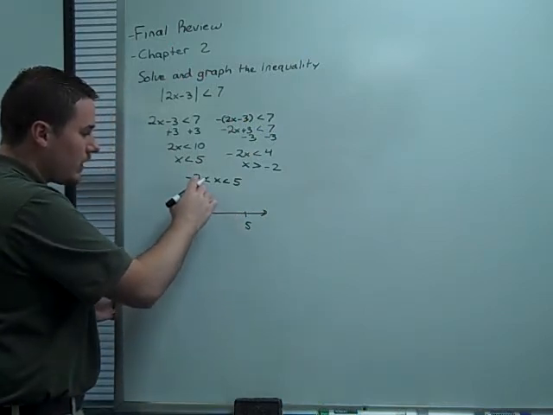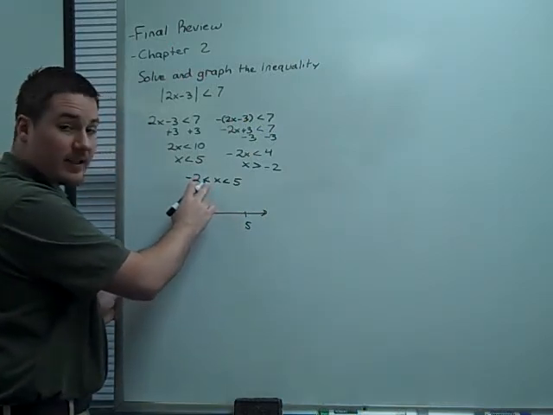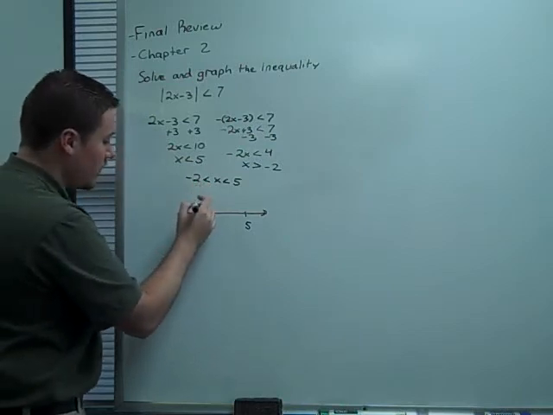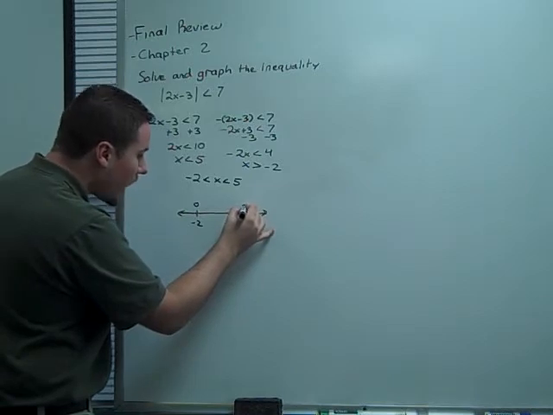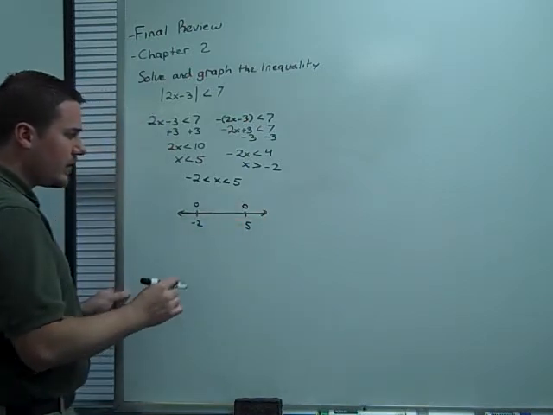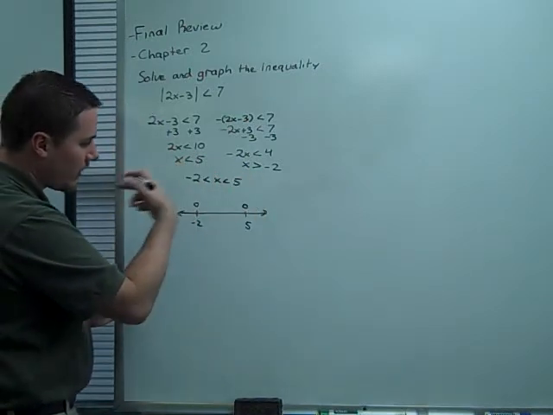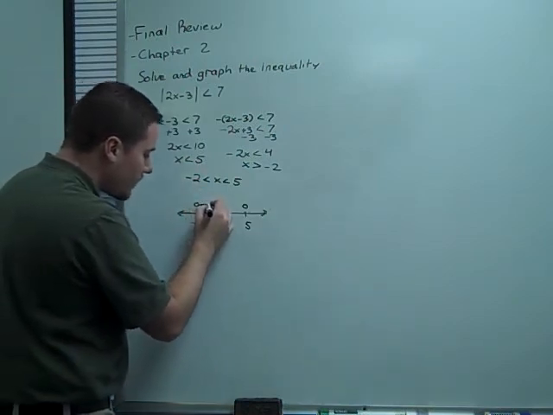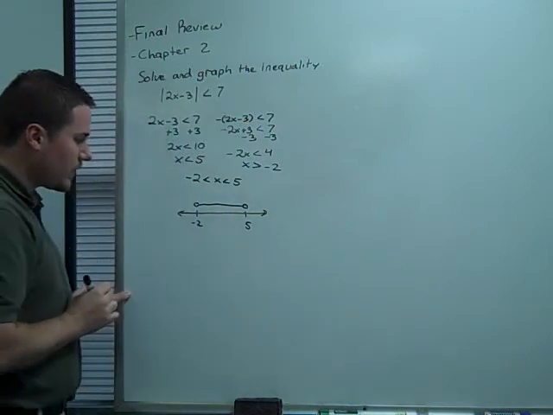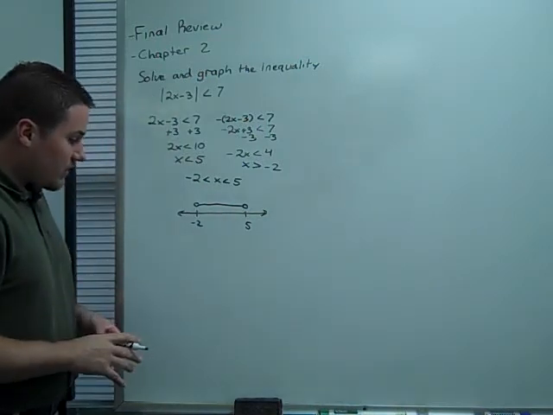Now, the convention for less than instead of less than or equal to is an open circle, because we are not including the number. Now, x is less than 5 and x is greater than negative 2, so that means we fill in the space between.